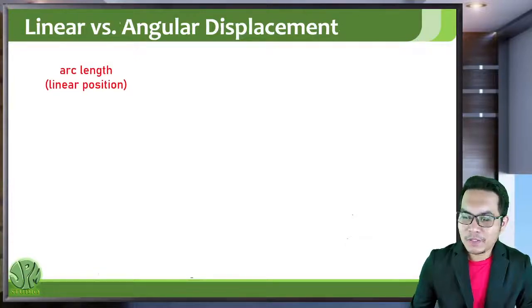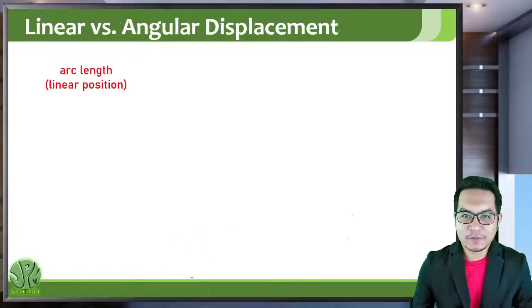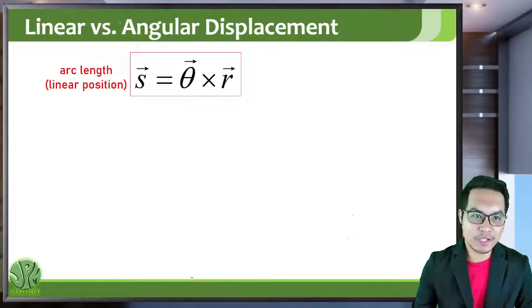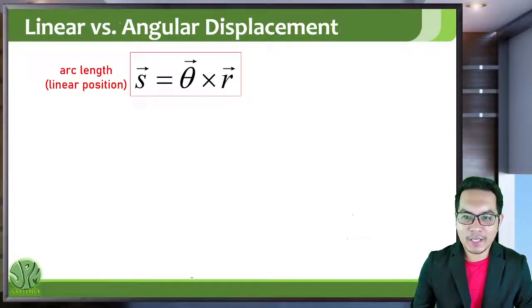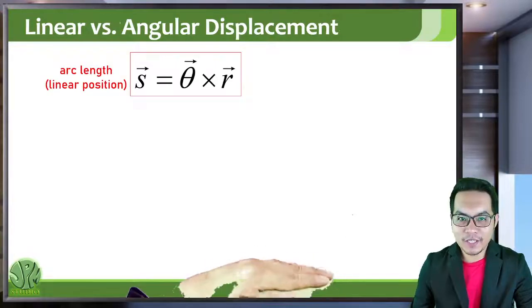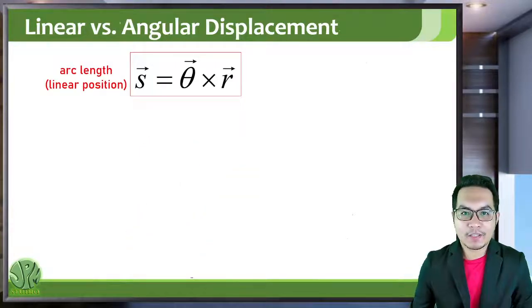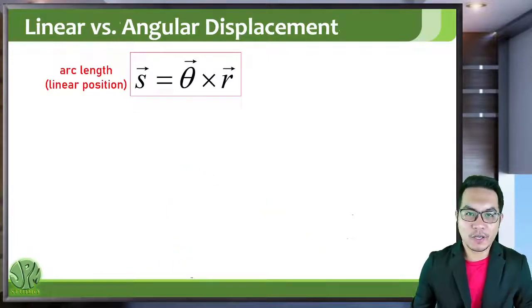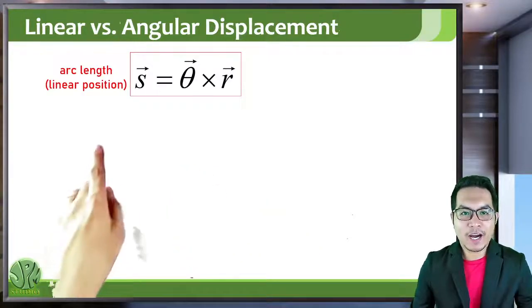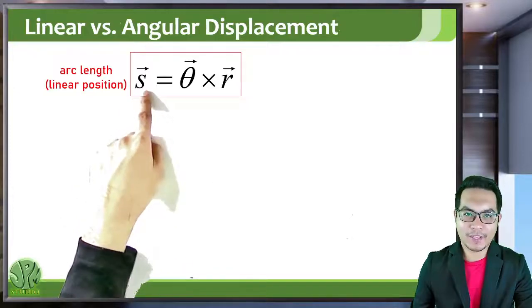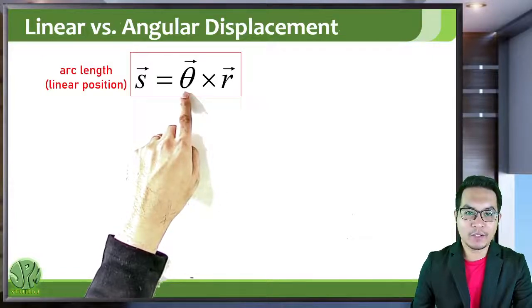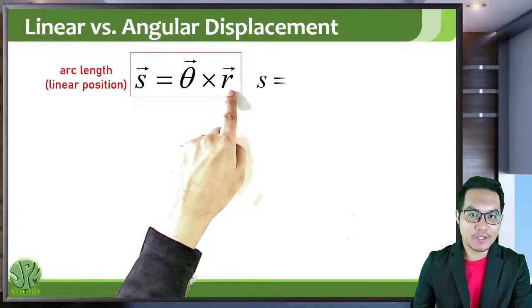If you have a rotational motion, it will actually have a linear displacement or linear position, and that is given by the arc length of the circle subtended, or the arc subtended by your circular motion. So the arc length vector is related to the position vector by the radius vector.